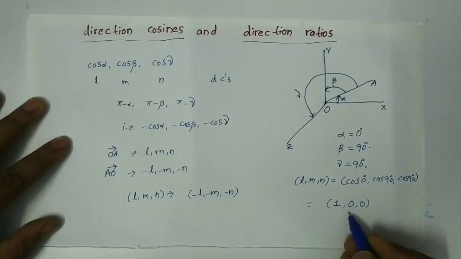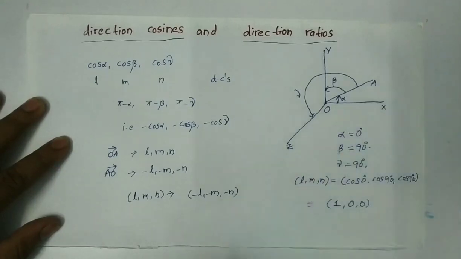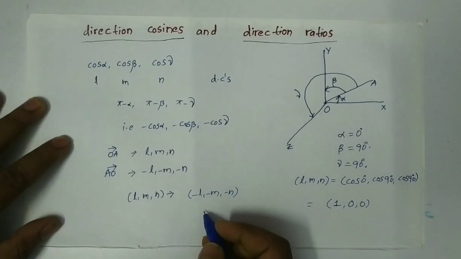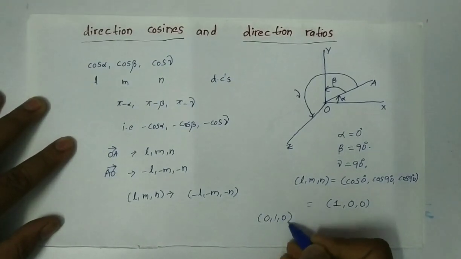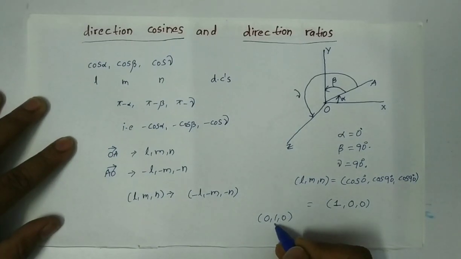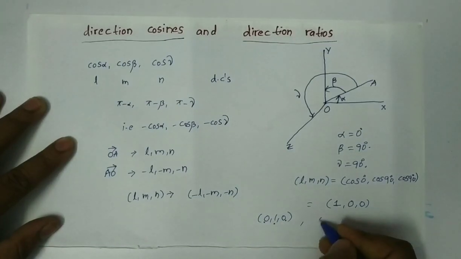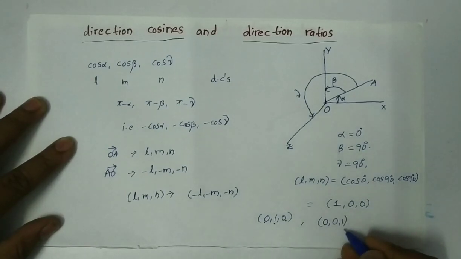Therefore 1, 0, 0 are the direction cosines of the x-axis. Similarly, the direction cosines of the y-axis are 0, 1, 0, because the line coincides with the y-axis and is perpendicular to the x and z axes. Similarly, the direction cosines of the z-axis are 0, 0, 1, because the line coincides with the z-axis and is perpendicular to the x and y axes.